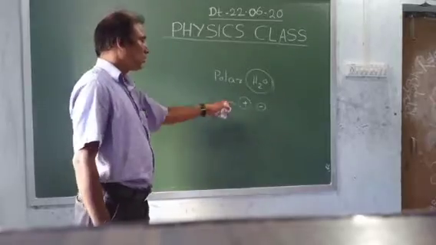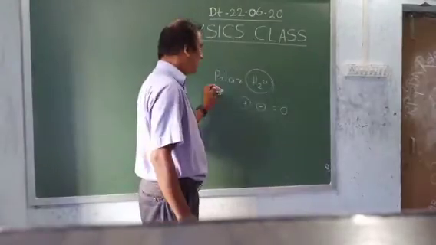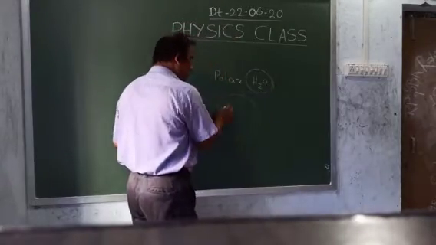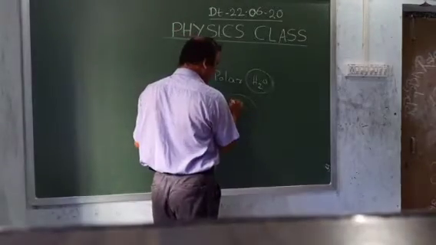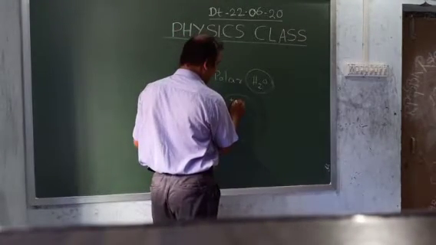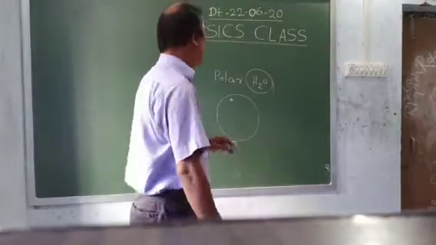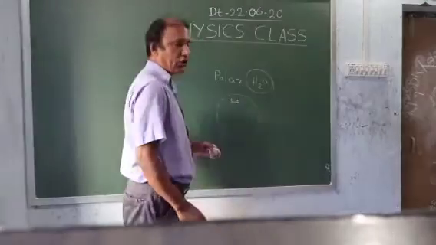Hence, total charge is 0. Net charge is 0. That means in water you will find the center of positive charges and the center of negative charges at a certain distance apart from each other.